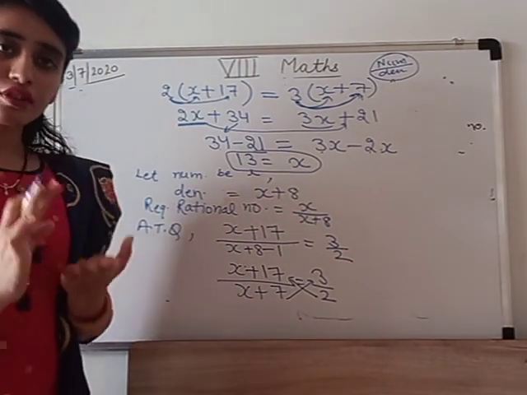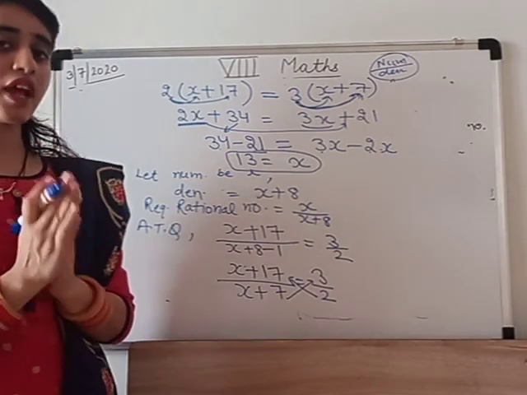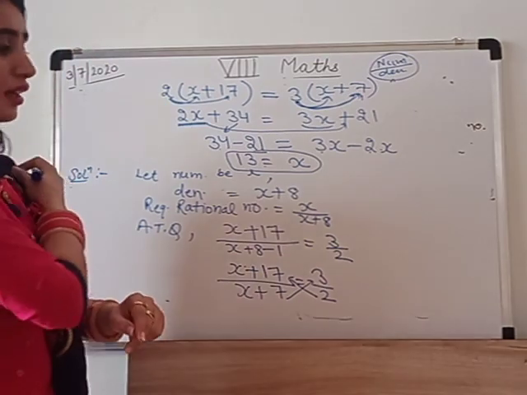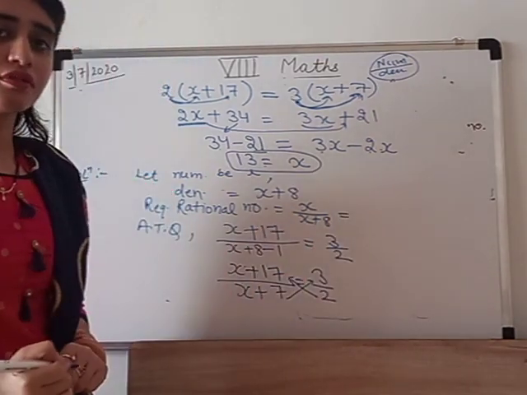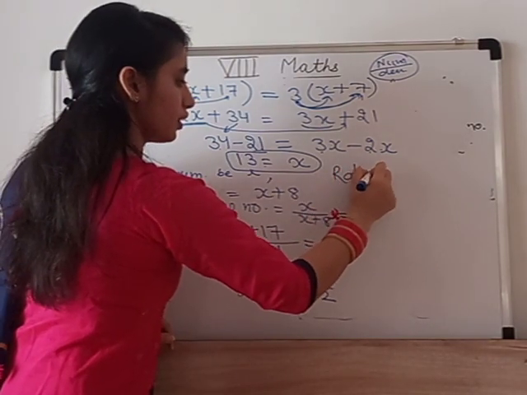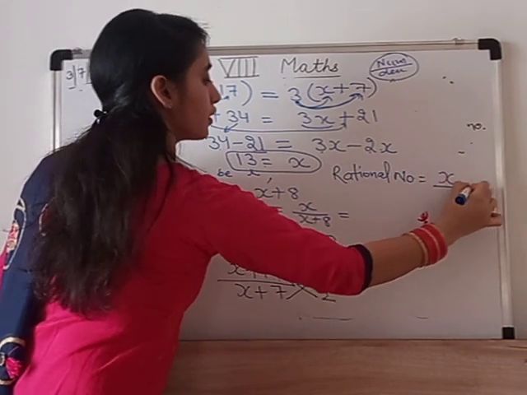Now our question is, what is the rational number? We have to find the value of the rational number. Now put this value of x in our required rational number. Rational number is x upon x plus 8.